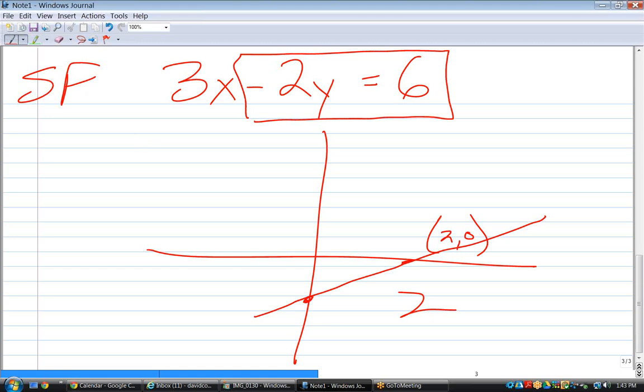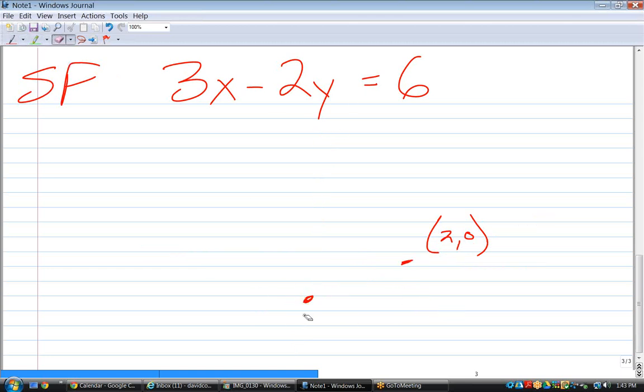So David, when they have the standard form formula, which we've got up here as ax plus by equals c, that just helps you identify an equation that's similar to 3x minus 2y equals 6, right? Well, I could put this equation into y equals mx plus b.